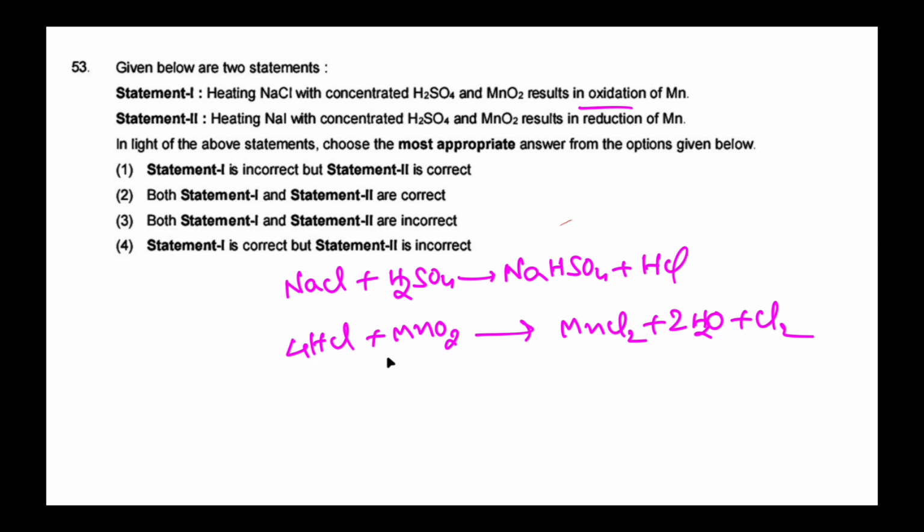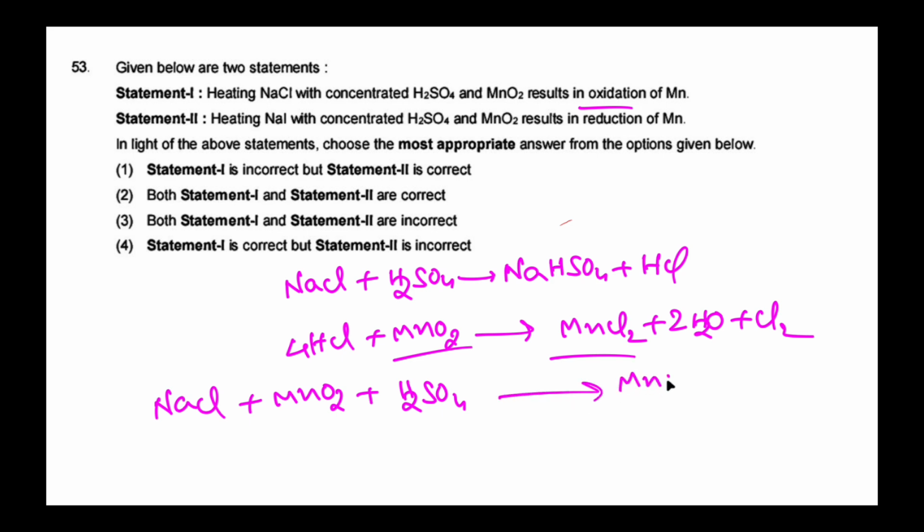So overall reaction, what happened, that is MnO2 converted into MnCl2. So in that overall reaction, NaCl plus MnO2 plus H2SO4 gives rise to MnCl2 and NaHSO4 and water molecule and chlorine gas.